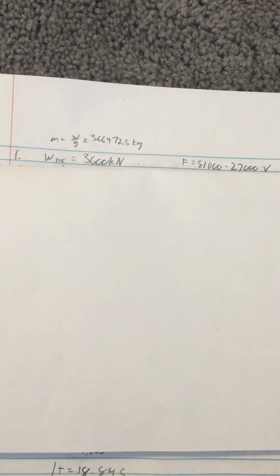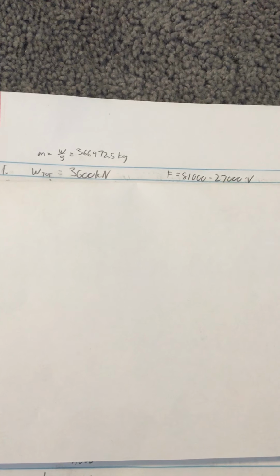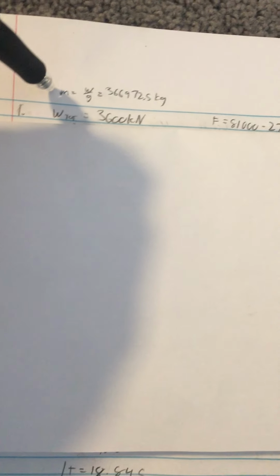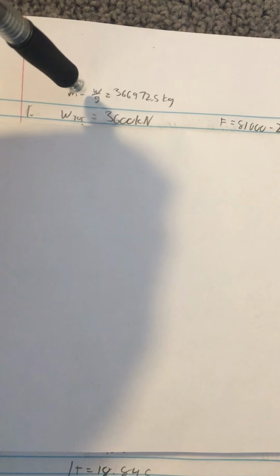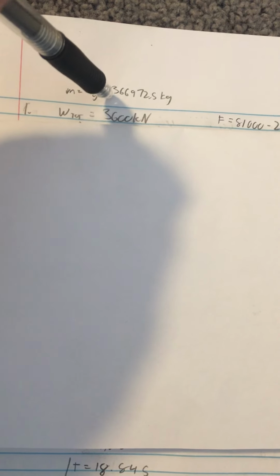2030, Homework 2, Problem 1, the tugboat problem. We're given the total weight, 3,600 kilonewtons. We transfer that to kilograms using the knowledge that mass equals weight over gravity. We get that.